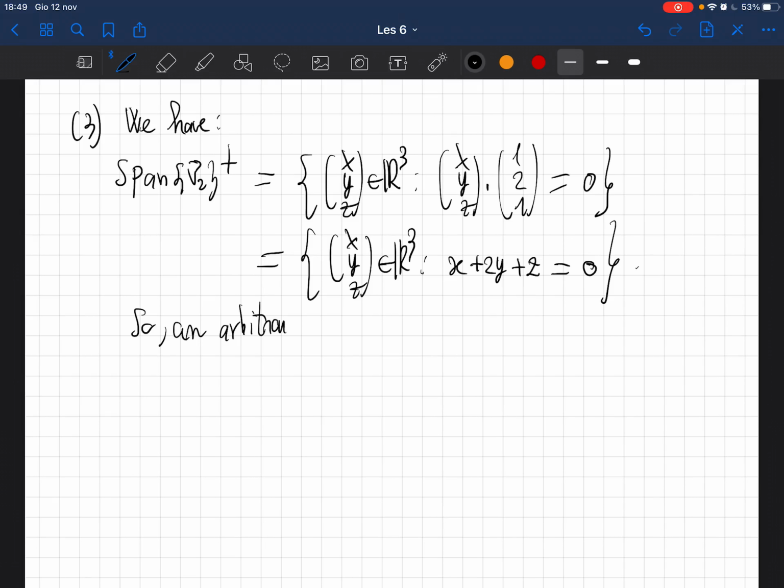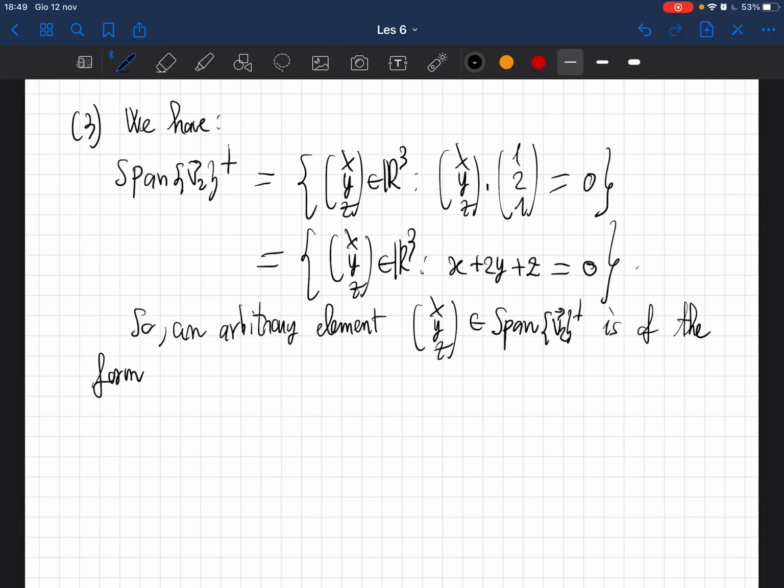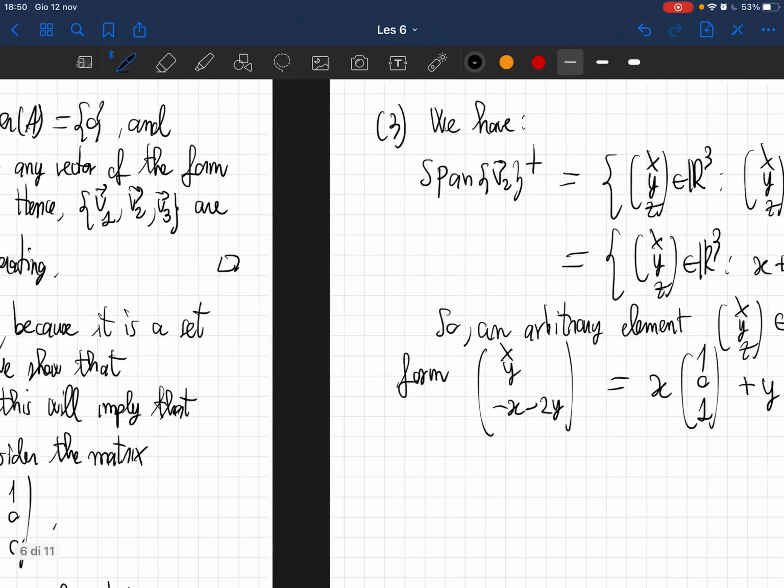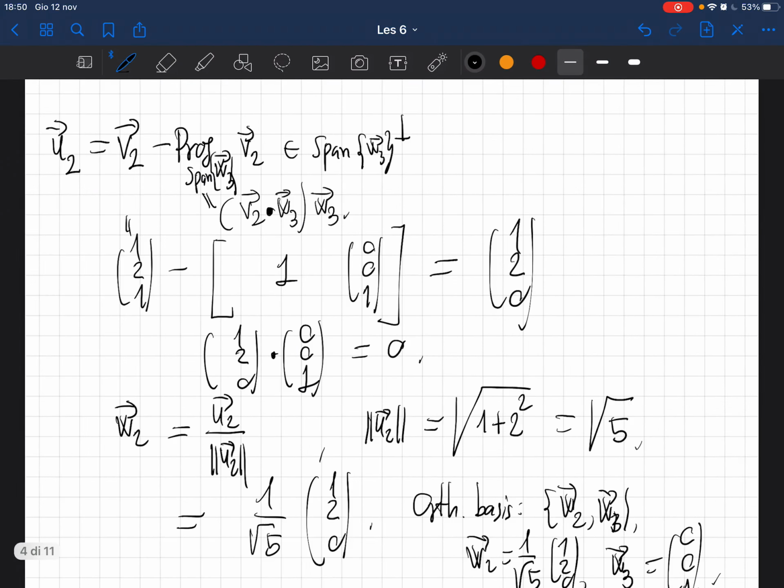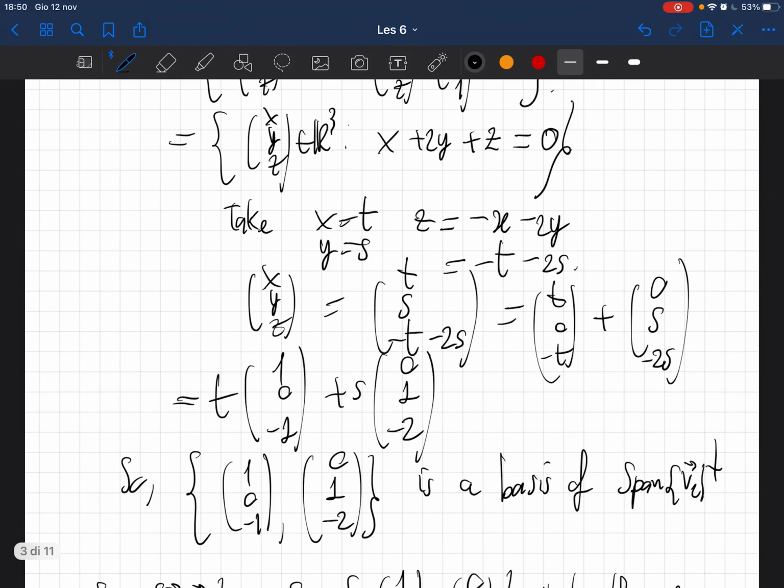An arbitrary element, write this is of the form, well, xy, and then z is equal to minus x minus 2 times y, so xy minus x minus 2 times y, which is equal then to x 1 0 1 plus y 0 1 minus 2.